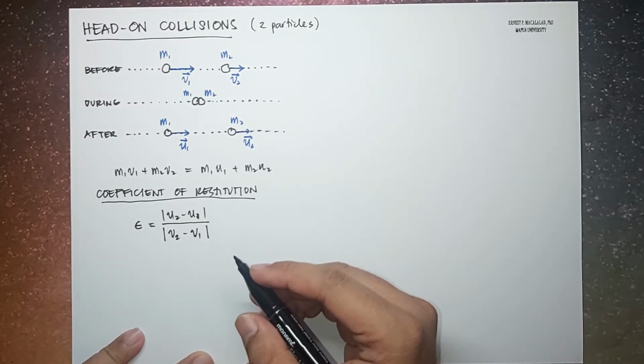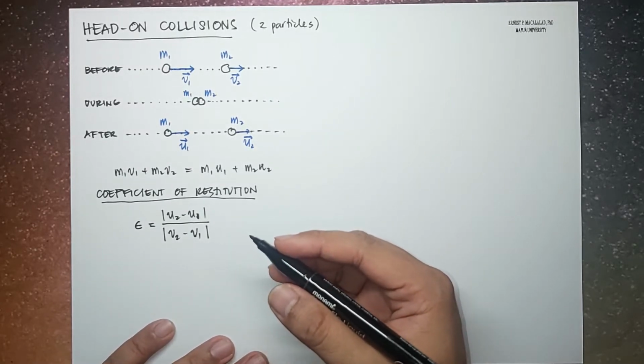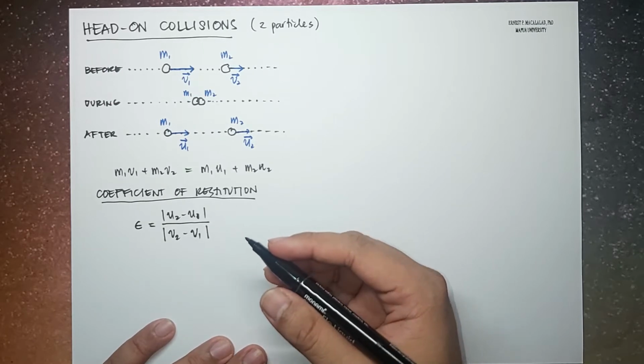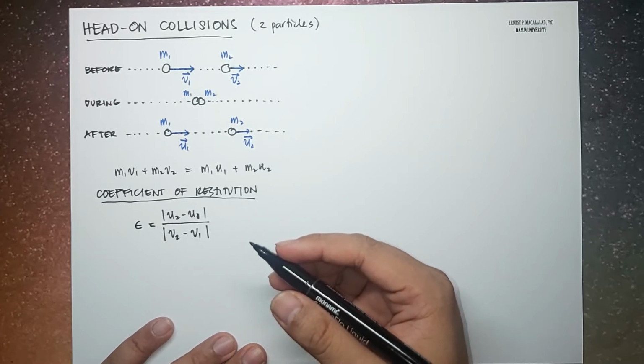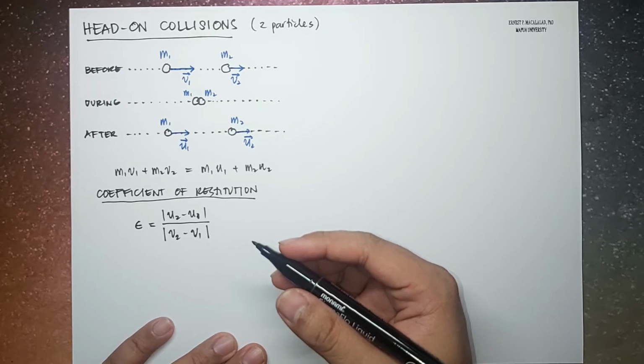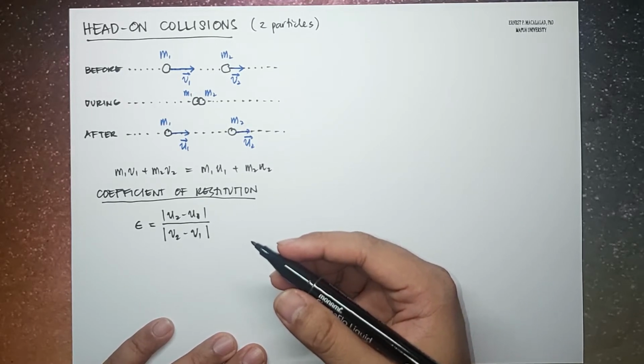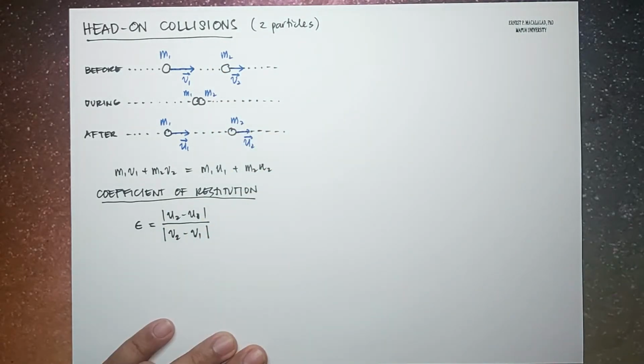We already know earlier that the kind of collision that we have is dictated on whether the kinetic energy of the system, the total kinetic energy of the two particles in the system, is conserved or not conserved.